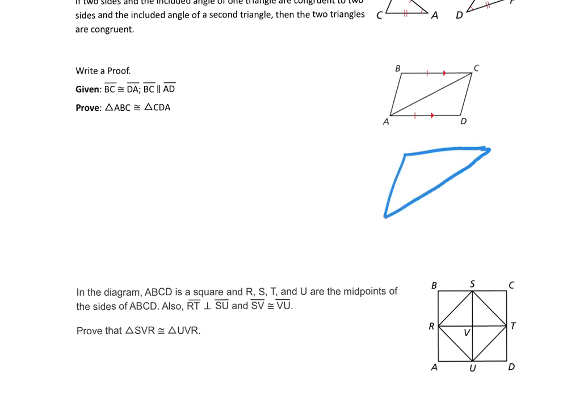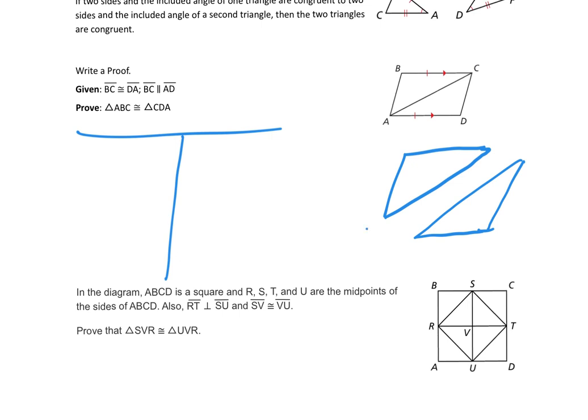I sometimes like to redraw the 2 triangles separately, just so we can mark the pieces of it, okay? And most of the time, we're going to write this as a 2-column proof because that's probably going to be the easier way to write it. Sometimes I'll show you we could just write a statement out, but if it says write a proof, then we typically are going to do that as a 2-column proof.